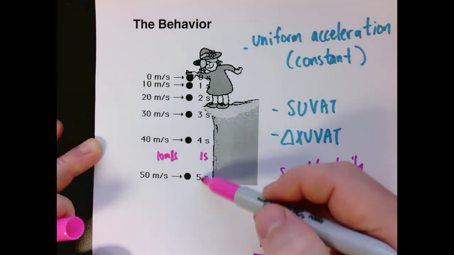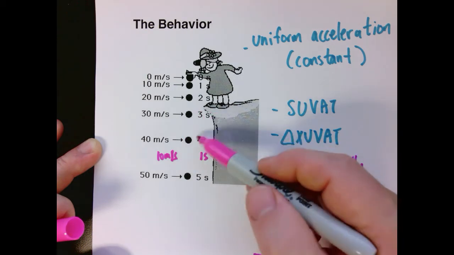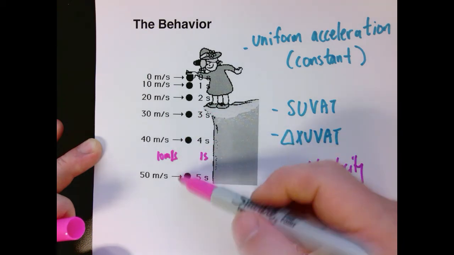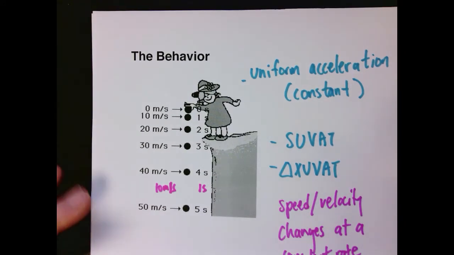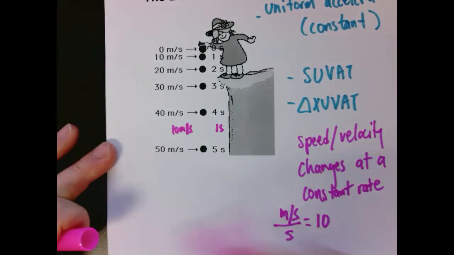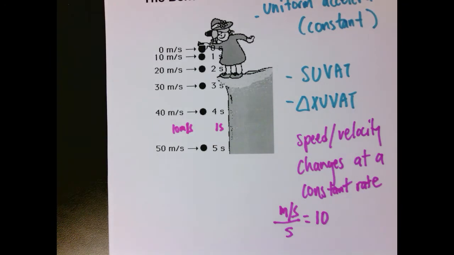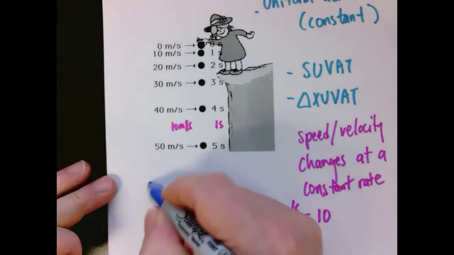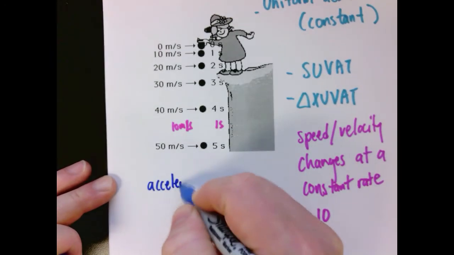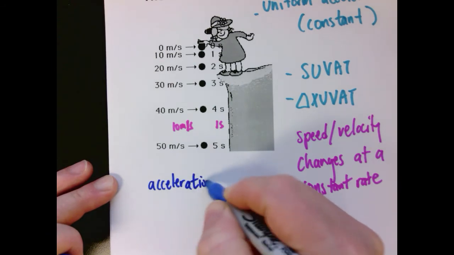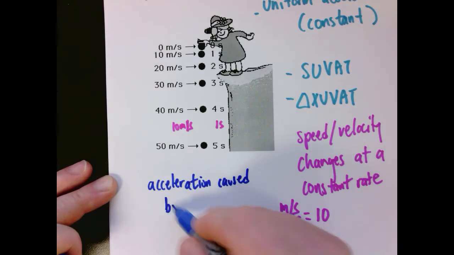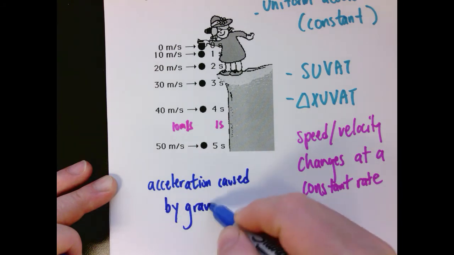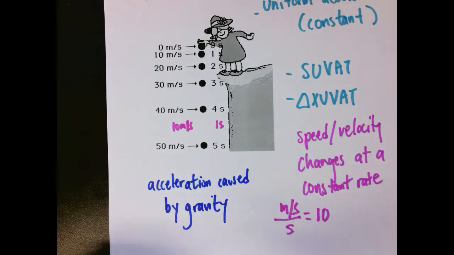So in this 1 second interval, and every 1 second interval, the speed changes by 10 meters per second. That is the nature of free fall behavior, when something undergoes acceleration caused by gravity. That's free fall.